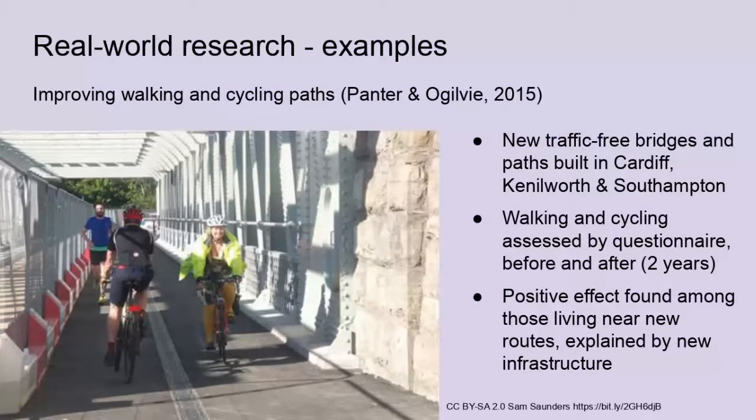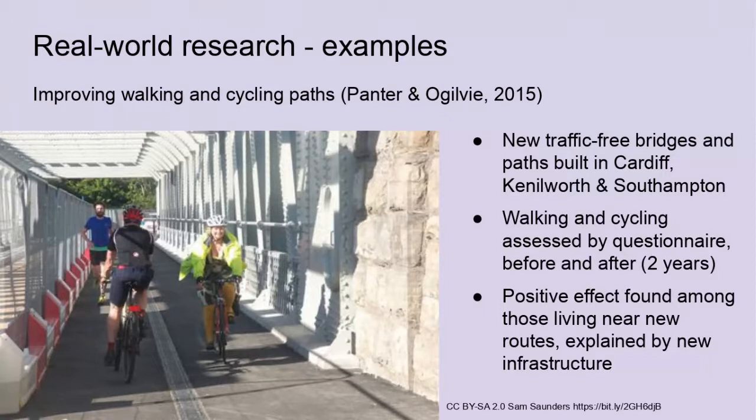Now, in terms of how this pans out at a population level, I think it's really interesting that someone's done a study actually changing the environment permanently, and seeing how this affects people living in those areas. So this was a study where there were improvements made to walking in areas in 3 localities, in Cardiff, Kenilworth and Southampton. And they did a questionnaire to assess people's walking and cycling before and after, and they looked at 2 years afterwards.